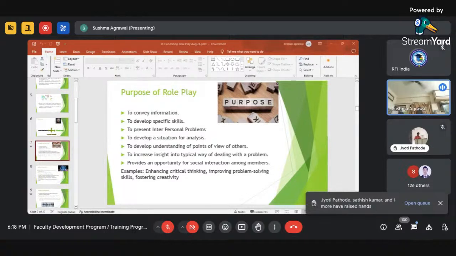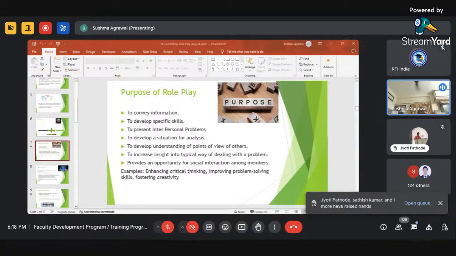Then, to present interpersonal problems: there are many students who sometimes hesitate to talk about them. I can correlate with the movie Taare Zameen Par, produced and directed by Mr. Aamir Khan. There are certain interpersonal problems which can be put in the form of role play, and no direct pinpointing is required.